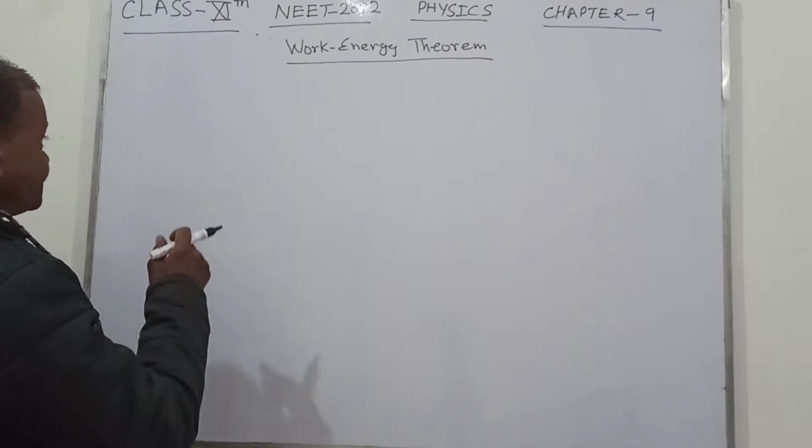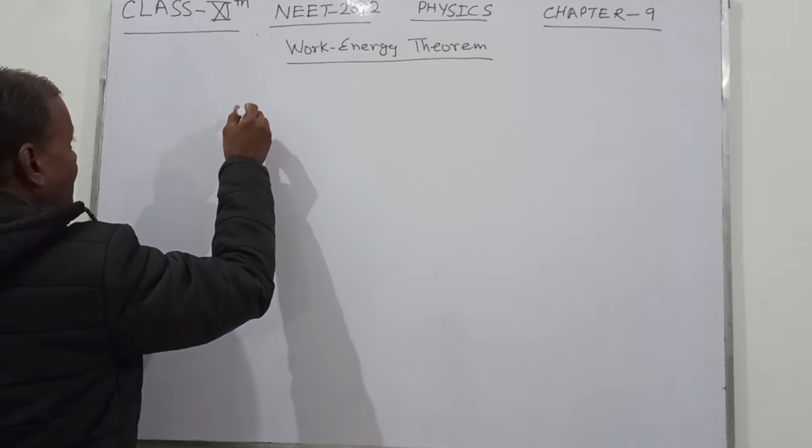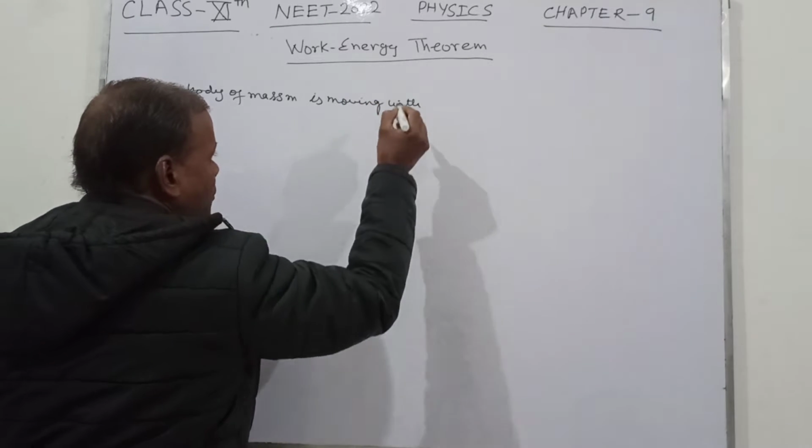So now let a body of mass m is moving with velocity v1.